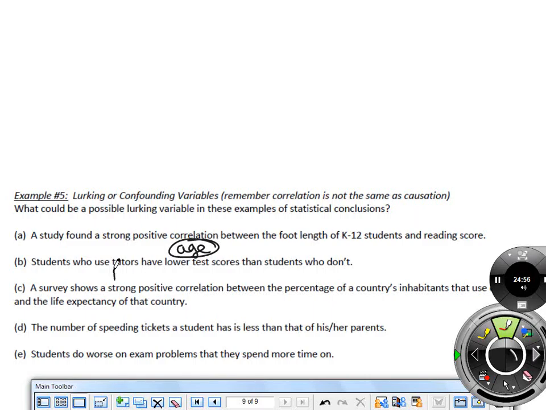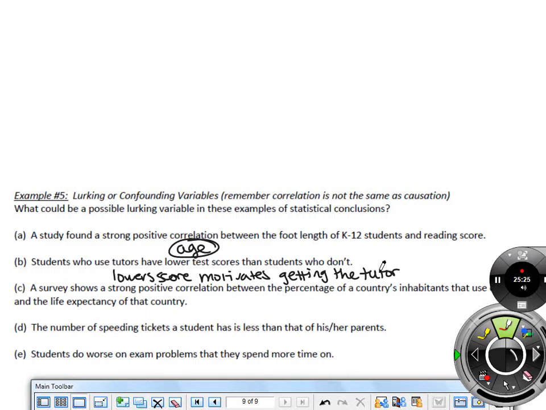So there would be the lower score motivating getting the tutor, right? So this is what we have to be careful about in our survey. When we study something, we have to make sure that there's not something underlying that's going to make our results seem one way.